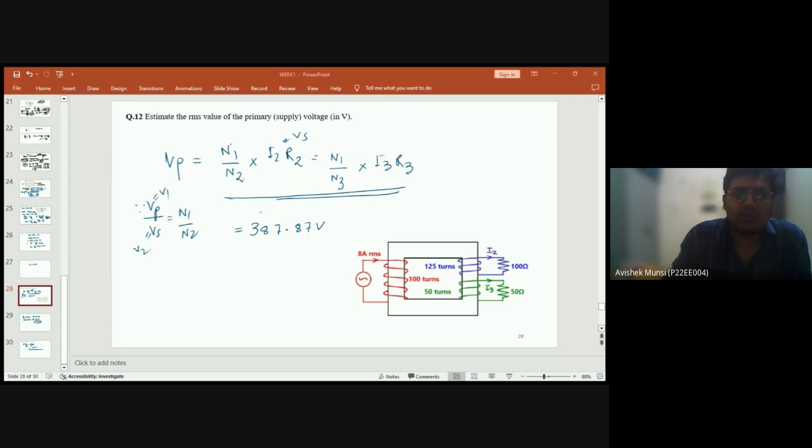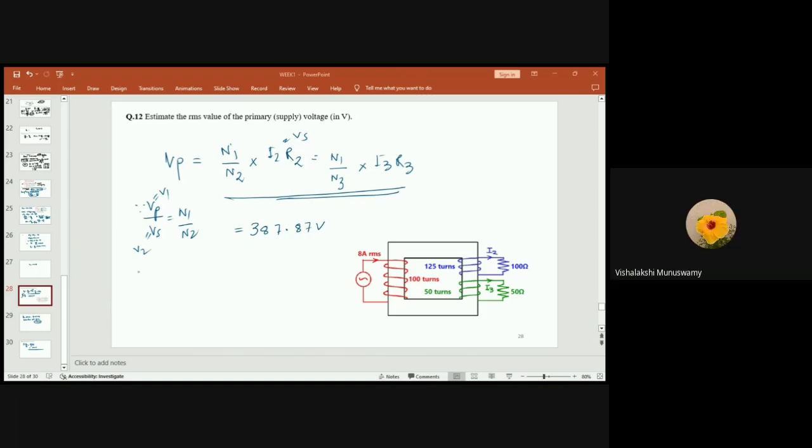But whenever you are taking I3R3, then the turns ratio should be N1 by N3. But the basic formula is V1 by V2 is equal to N1 by N2. If you just calculate the value of V2, that will be reversed, right? So that will be N2 by N1 into V2. Okay, sir. Thank you, sir.